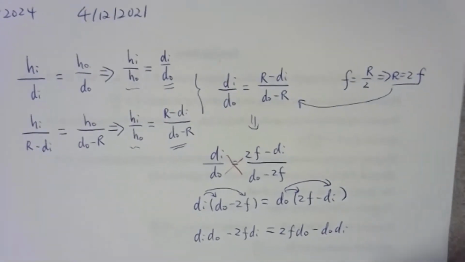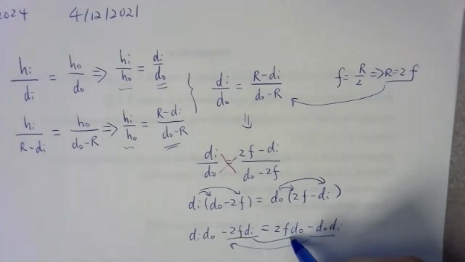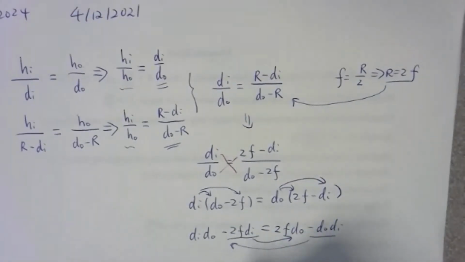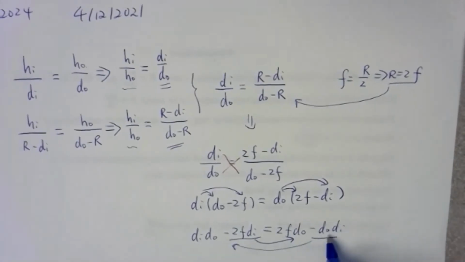You're going to move this to the left and this to the right. So then you have 2 times DI DO, because this is minus DI DO, it becomes positive, equals 2F DO plus 2F DI.